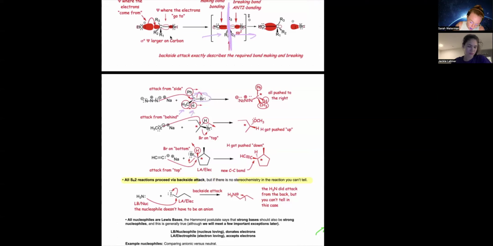If bromine is into or out of the plane, the other substituent that's in or out of the plane will replace the bromine, and the new nucleophile that's coming in will then take the place of the other one. Does that make sense?